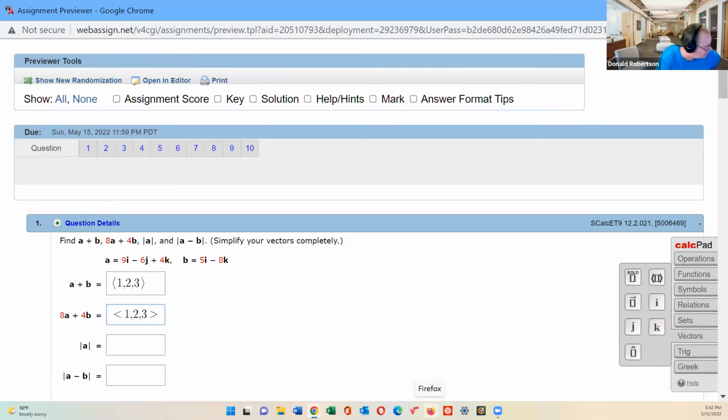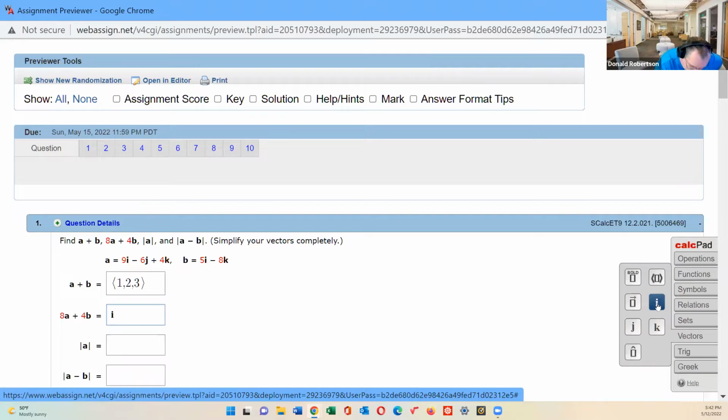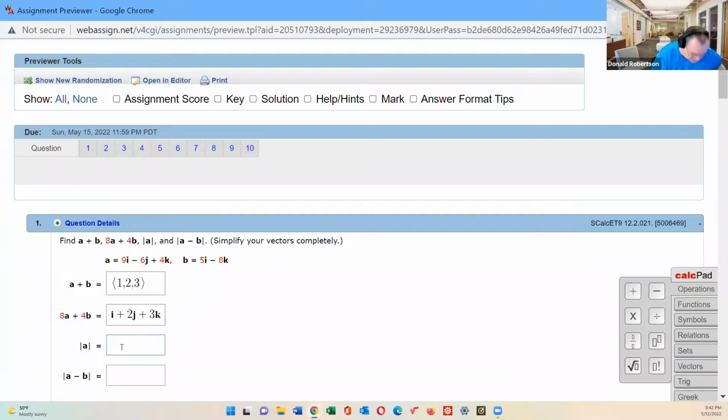Now, IJK notation is also here. If you wanted to do this vector 1, 2, 3, you would do 1i plus 2j plus 3k. If you just typed in i plus 2j plus 3k, it looks very similar, doesn't it?